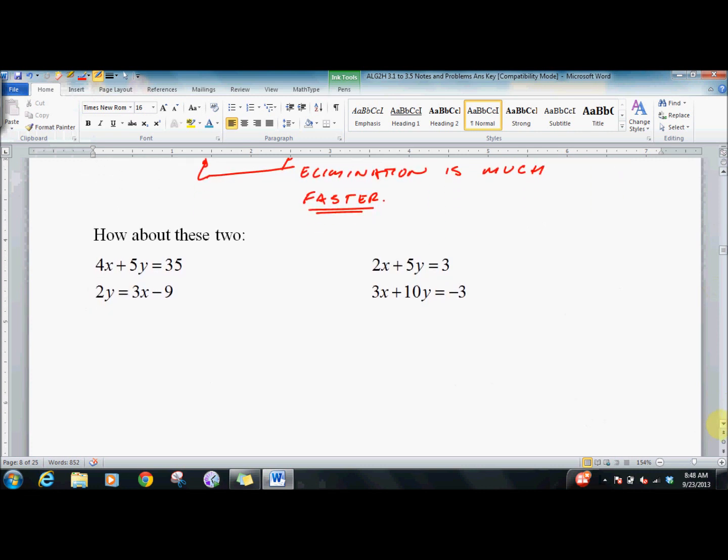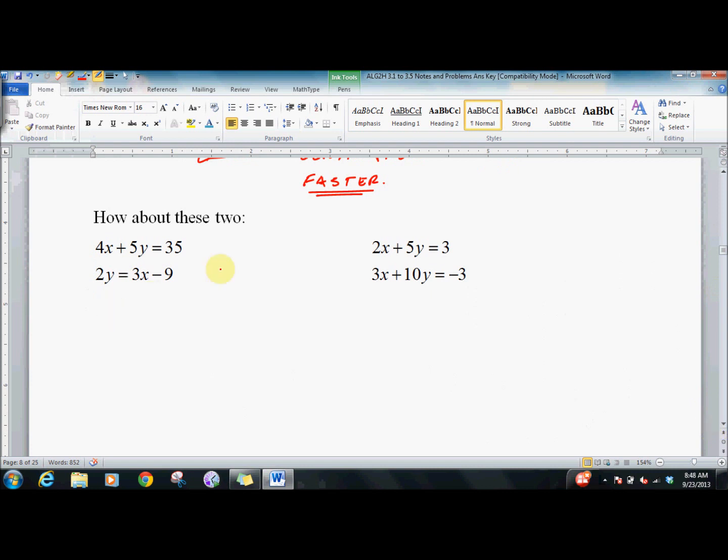So you can try both these. You notice they're a mess. So what we want to do is line them up. So I'm going to put them over here. And now they're not set up to eliminate, so I have to do something.